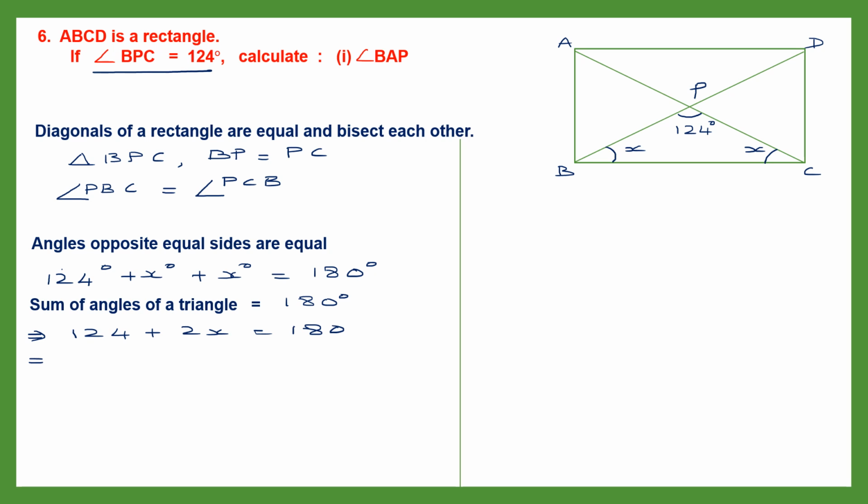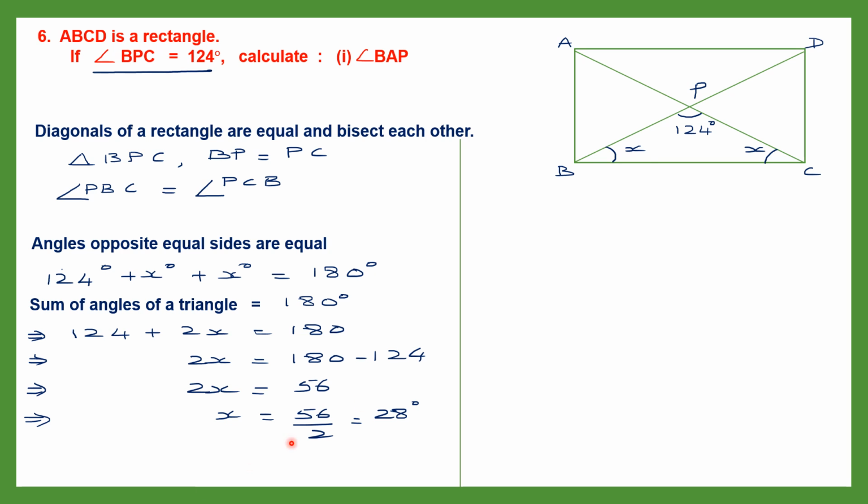So now we can find the value of 2x. 2x is equal to 180 minus 124. Now how much is that? 2x is equal to 56. So now we can find the value of x. X is equal to 56 by 2, which is 28 degrees.